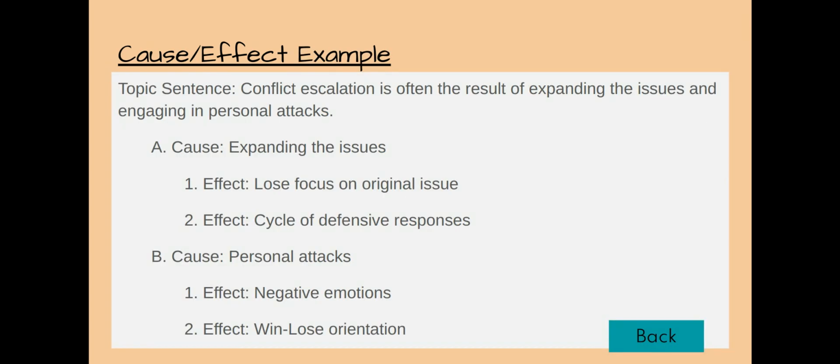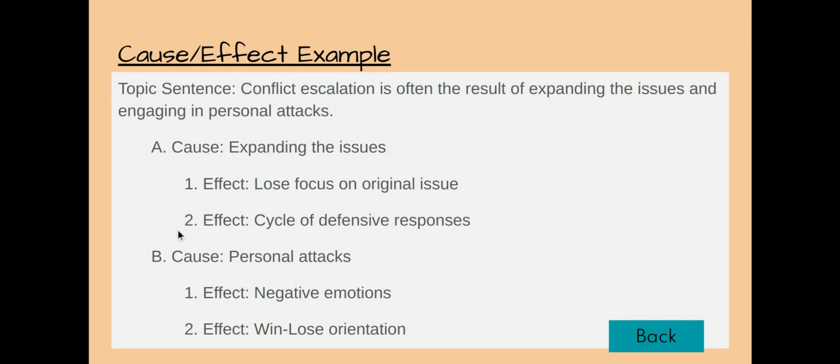So here's an example. Conflict escalation is often the result of expanding the issues and engaging in personal attacks. So we've got a cause here, expanding the issues, or we've listed 2, expanding the issues and engaging in personal attacks. So we're going to talk about the cause A first, expanding the issues and the 2 effects, how it causes conflict escalation.